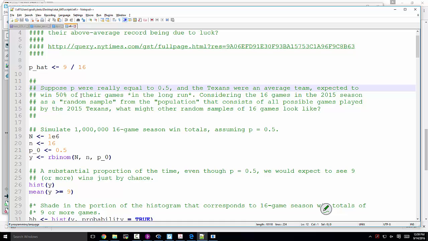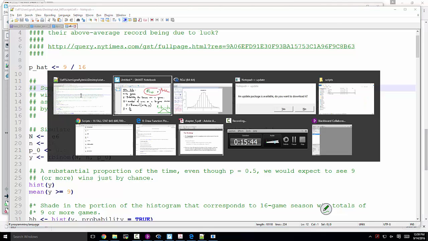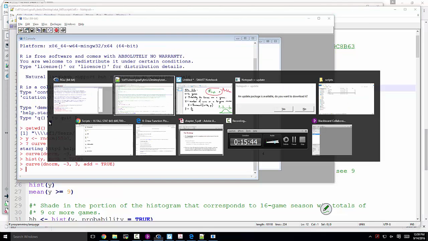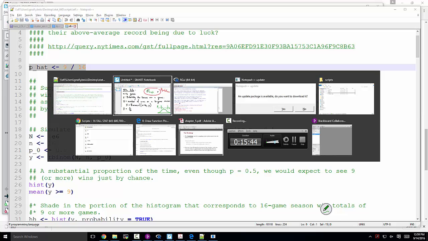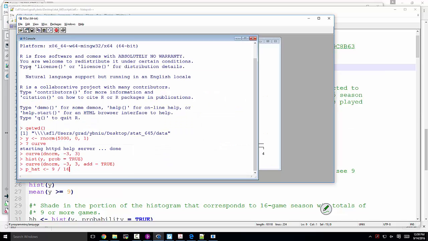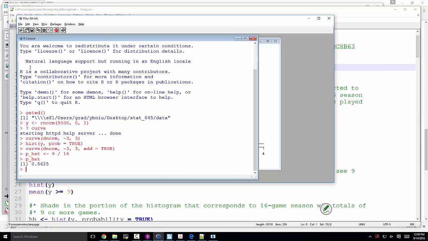We observed 16 games and 9 wins out of them. That turns into p hat, 9 out of 16, 0.5625. My estimate is 0.5625.